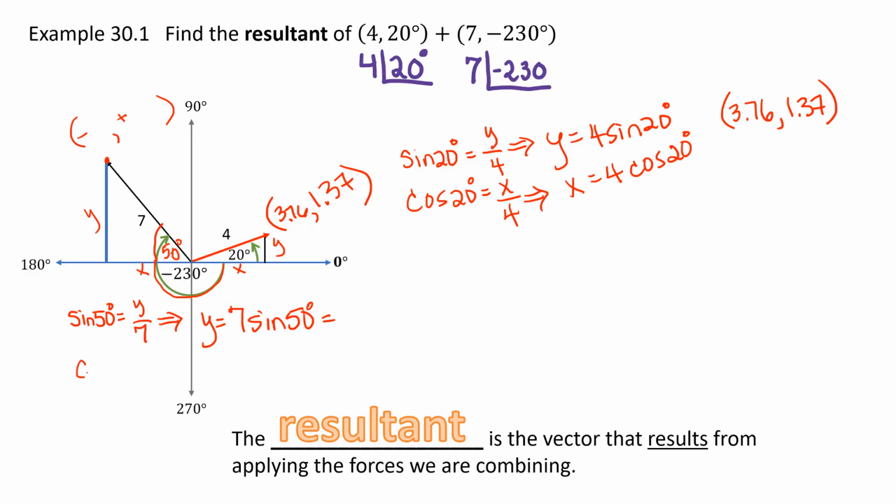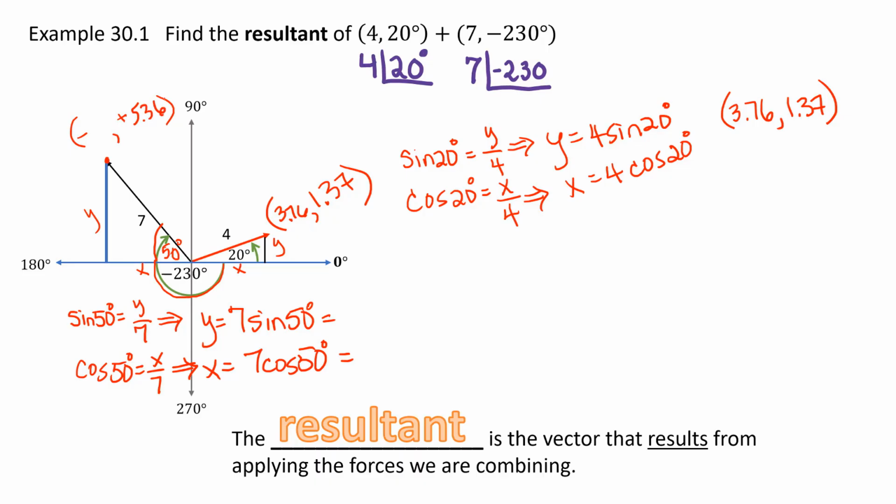And then cosine 50 is equal to x over 7. And that means that x is equal to 7 cosine 50. But in this case, we're going to have to put a negative sign in front of it because in the second quadrant, x is negative. So we're going to punch it in. That's going to be our y, 5.36.